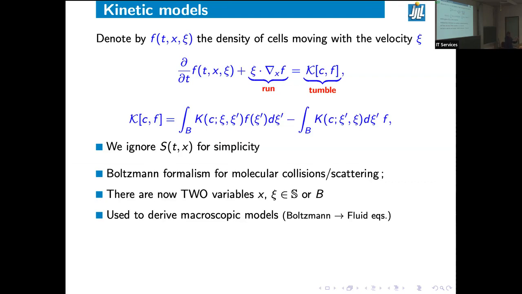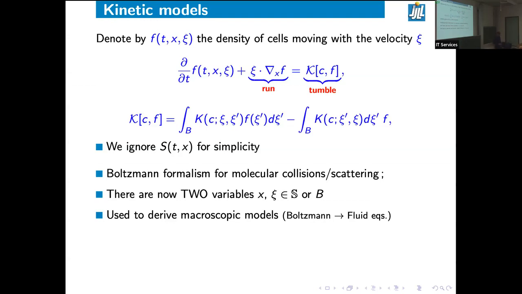So there are cells which are moving also up and down. Which means that it's reasonable to say that they are not only on the sphere, but on the ball, because those going exactly up and down have velocity 0 if you take a 2D experiment. So this is the velocity space.